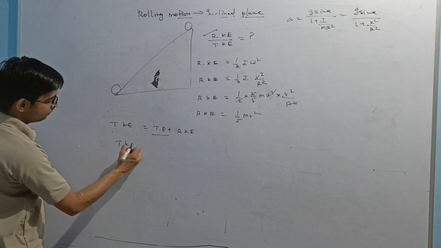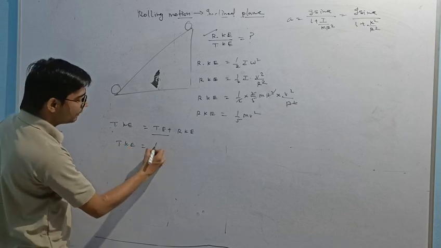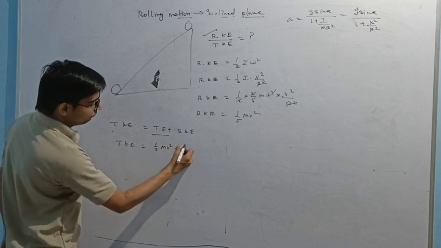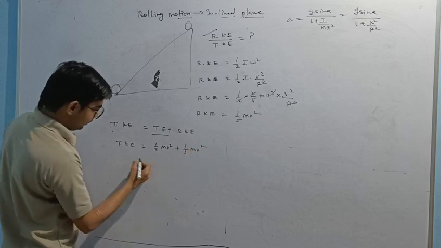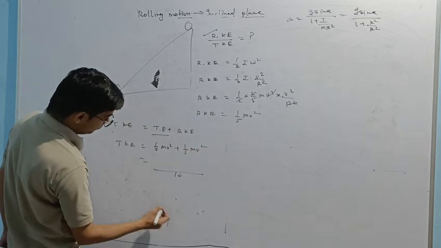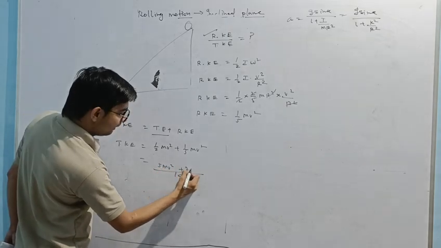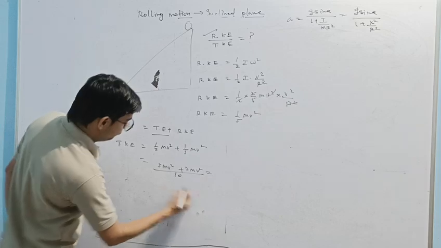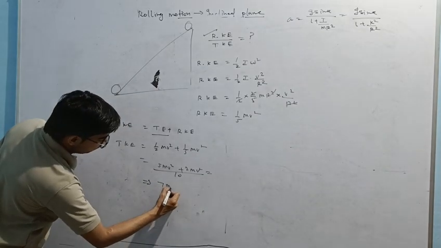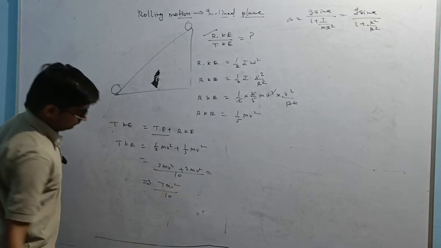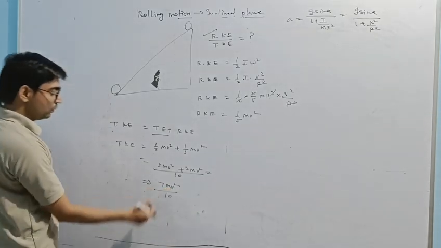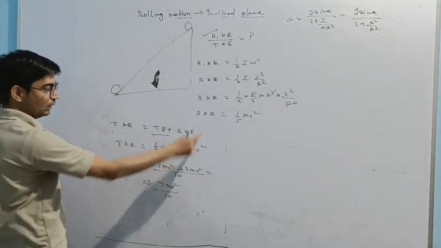Total kinetic energy is equal to translational kinetic energy, which is 1 by 2 m v square, plus 1 by 5 m v square. So take LCM 10: 5 mv square plus 2 mv square. It is actually 7 mv square by 10. This is the total kinetic energy.